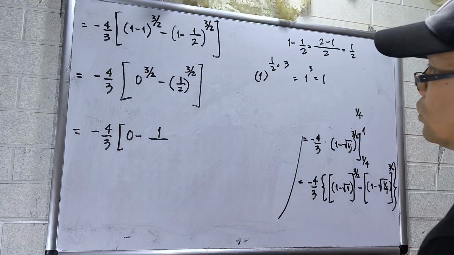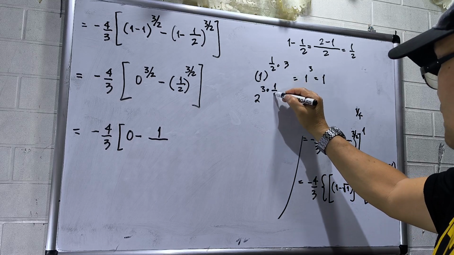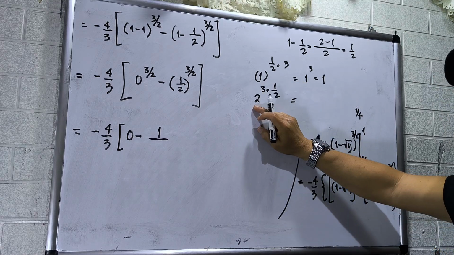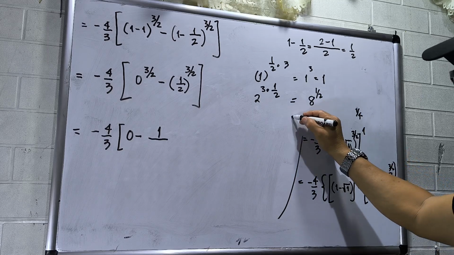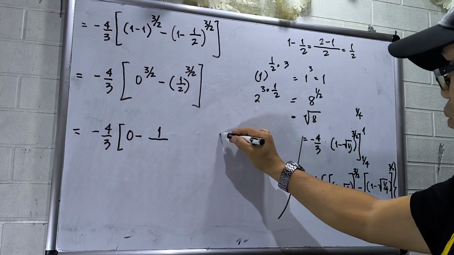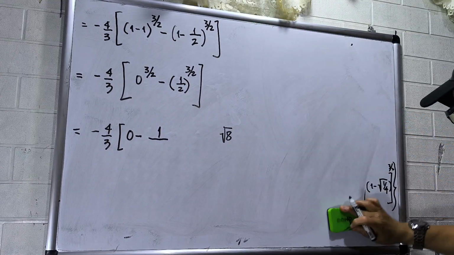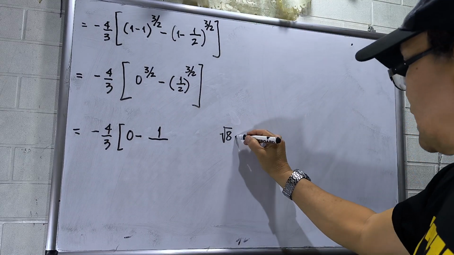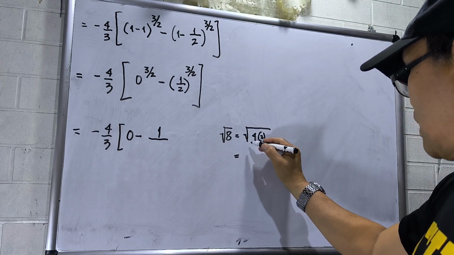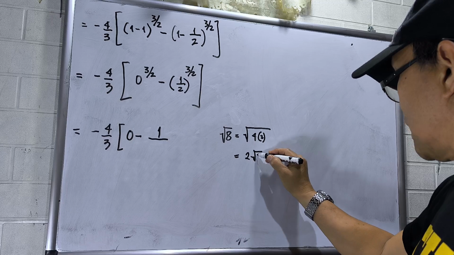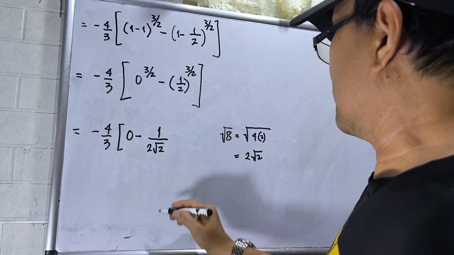How about 2? 2 to the power of 3 is 8, and then raised to 1 half is the square root of 8. What is the square root of 8? Let us take the factors inside the radical: 4 times 2. The square root of 4 is 2, and then I have square root of 2. So this is 2 square root of 2.